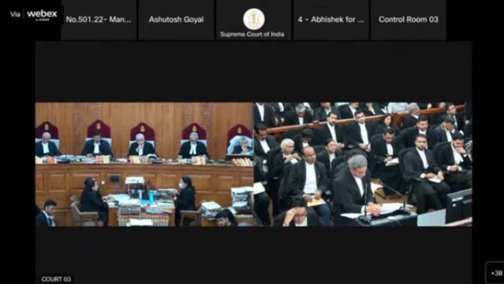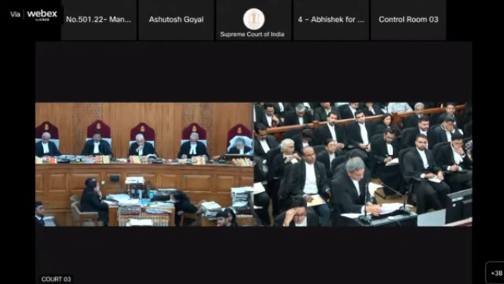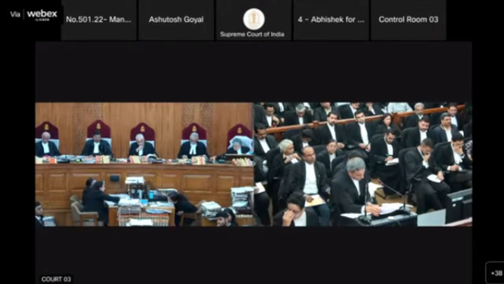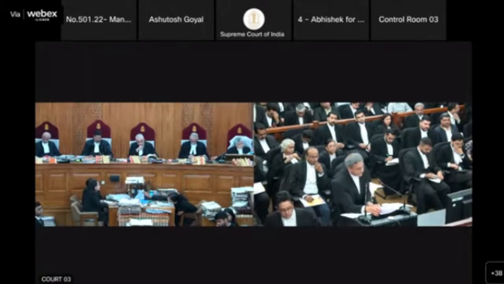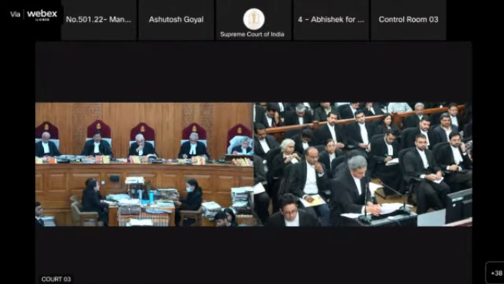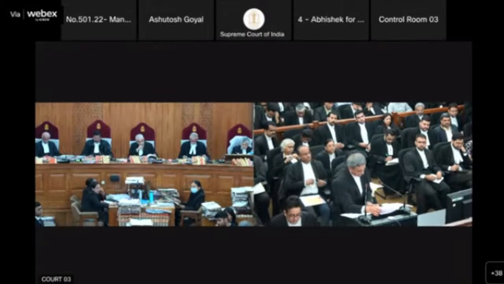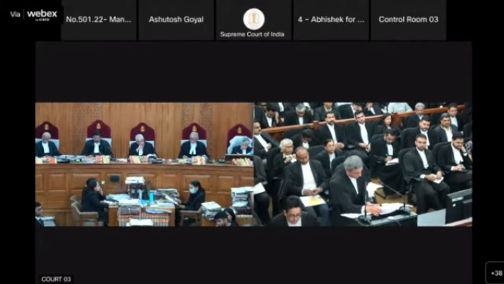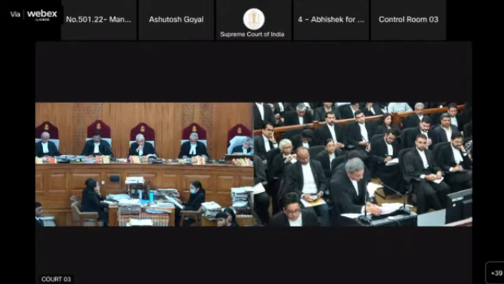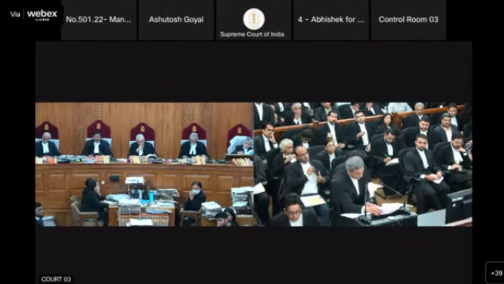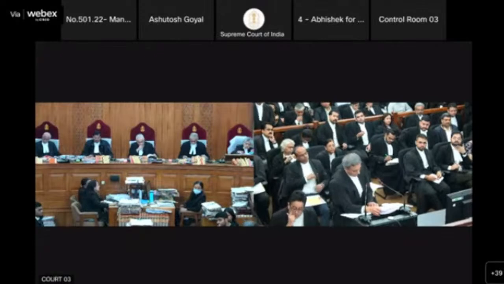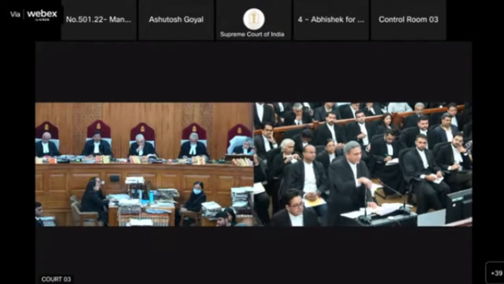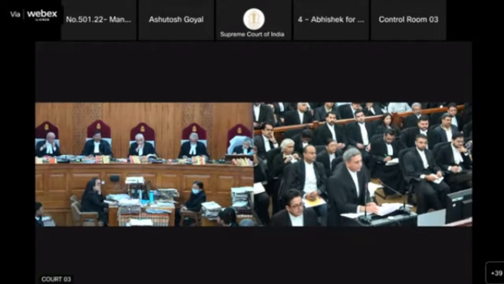On and from the appointed day, notwithstanding anything contained in the RBI Act or any other law for the time being in force, the specified banknotes which have ceased to be legal tender, first concept, ceased to be legal tender, in view of the notification of the government in the Ministry of Finance, 8th November 2016, issued under subsection 2 of section 26 of the Reserve Bank of India Act, shall cease to be liabilities of the Reserve Bank under section 34 and shall cease to have the guarantee of the central government under subsection 1 of section 26 of the Act. So this is the extinguishment. And this is with effect from 31st of December.